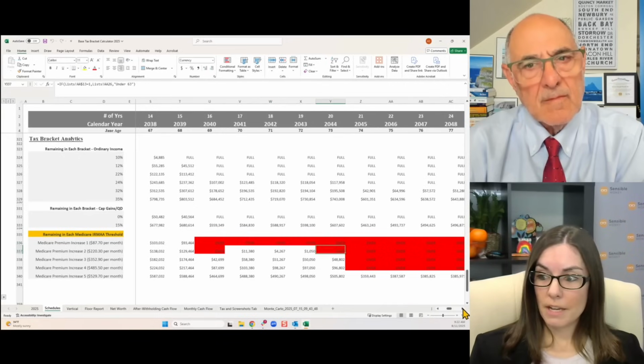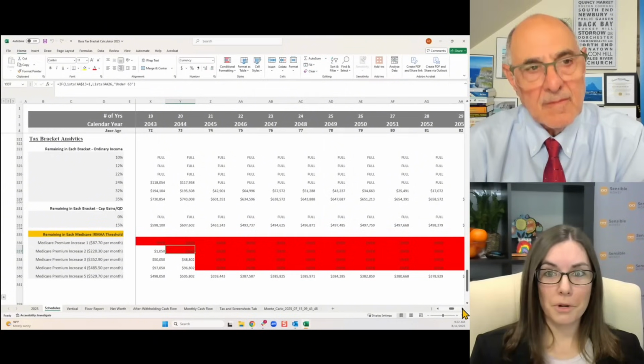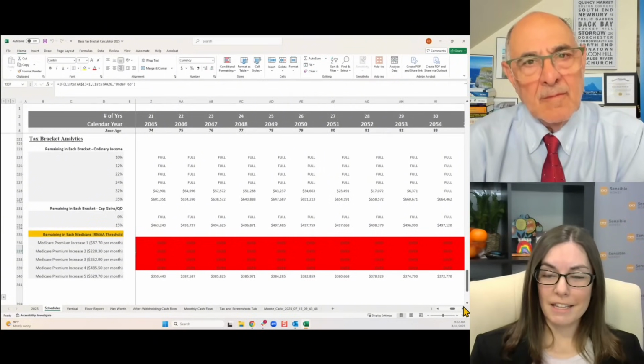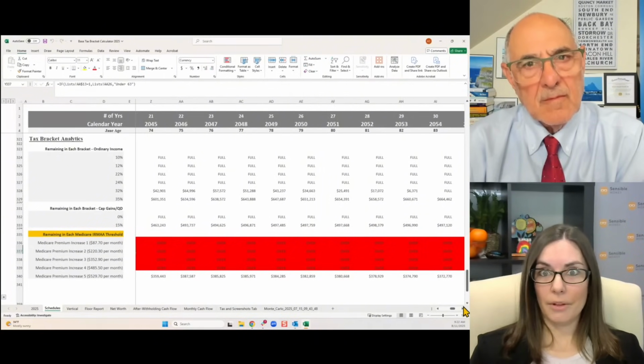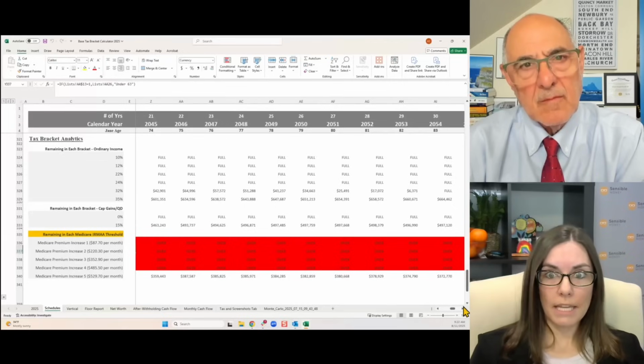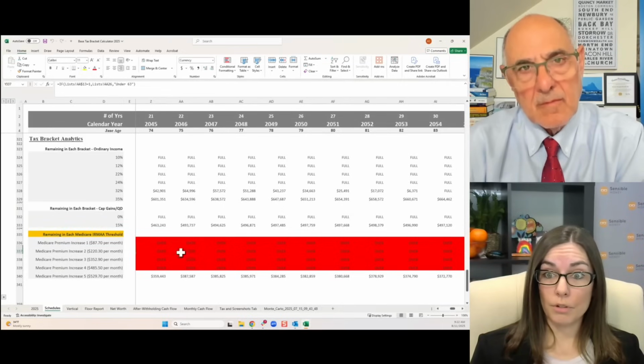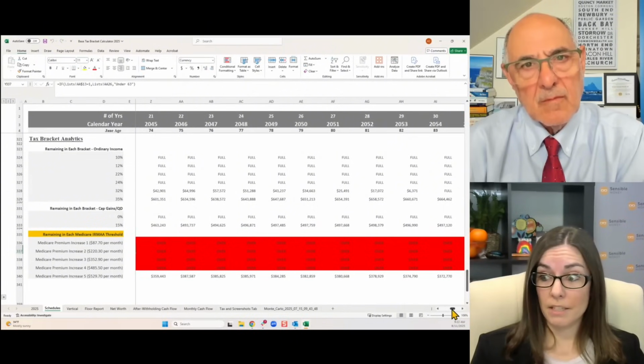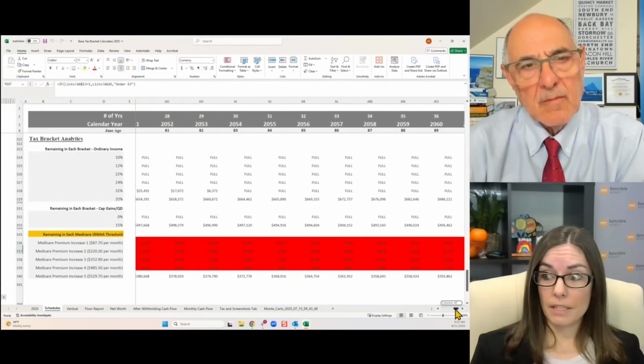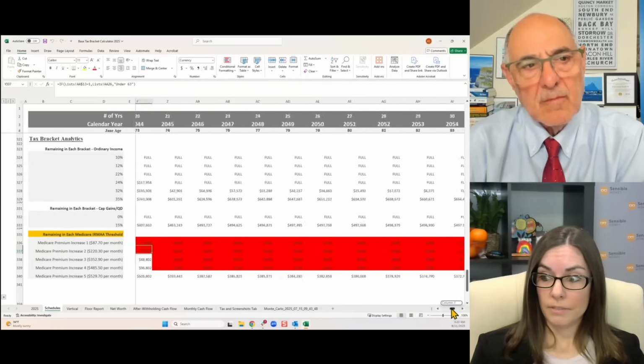But as time goes on, you see lots of red. You see the word over. And what that's saying is by kicking the tax can down the road, by delaying her IRA withdrawals, she has the potential to be in a really high Medicare bracket for the bulk of her 70s and beyond. And so that can have a big impact on expenses later in life.